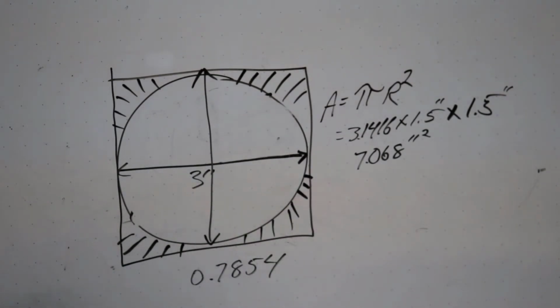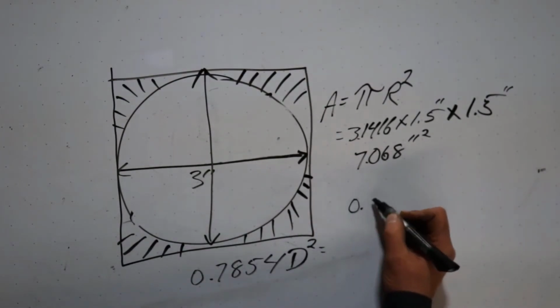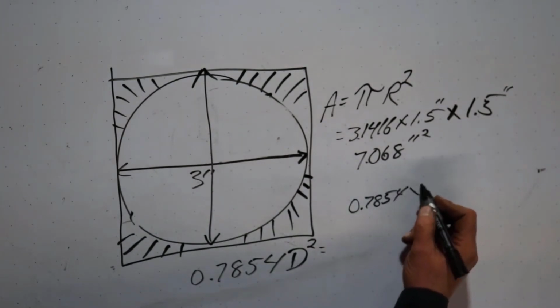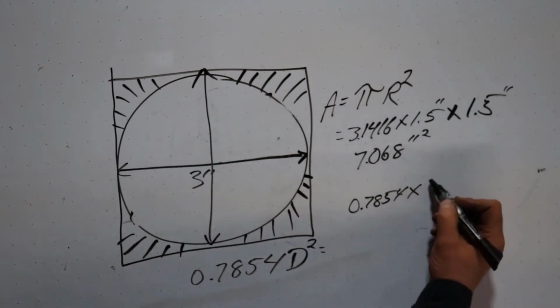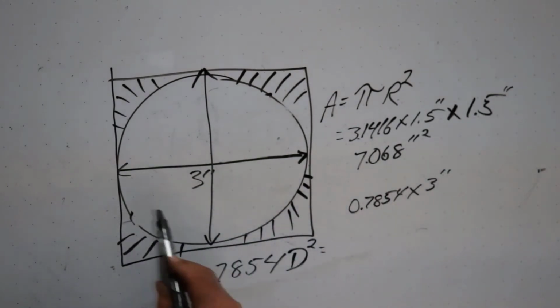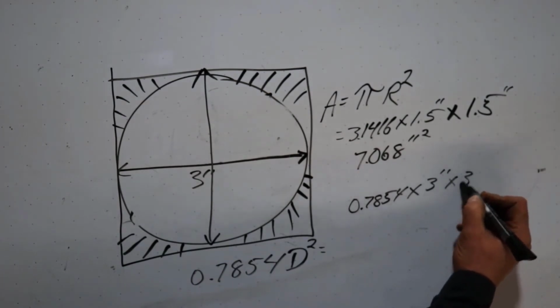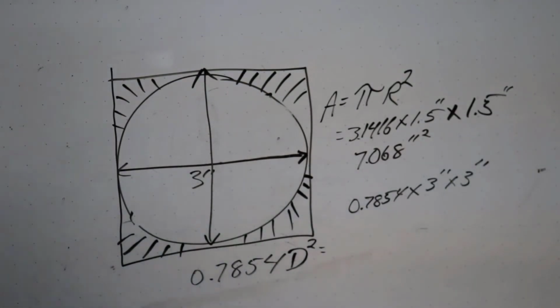So if I remember this number, if I go 0.7854 times diameter squared, it should give me the same answer as this. So let's try it out. 0.7854 times the diameter, which is 3 inches, times the diameter again, another 3 inches.